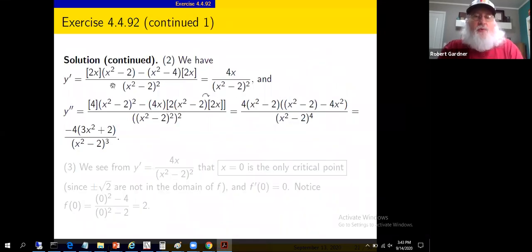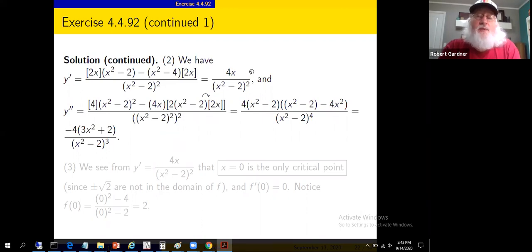So we have the derivative of the numerator, x squared minus 4, which is 2x, times the denominator, minus the numerator, x squared minus 4, times the derivative of the denominator, x squared minus 2, which is 2x, over the denominator squared. Simplify the numerator, and you'll get this.